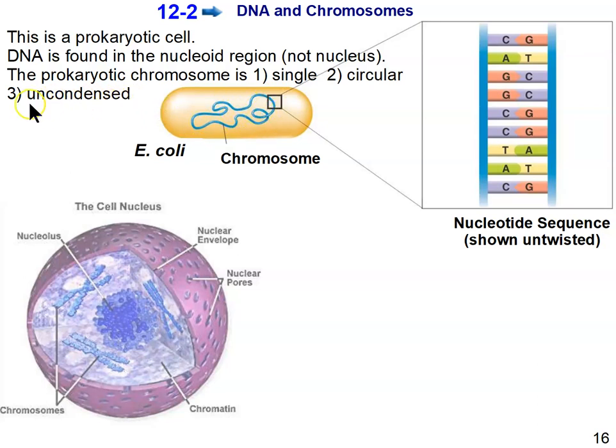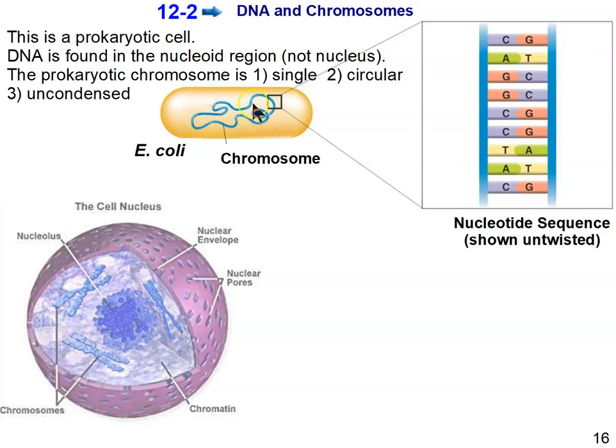Now, you're not going to be familiar with what that means, but it basically means it's not all coiled up and packed together into something that takes up less space. Basically, that's what the condensation does in a eukaryotic cell. But this is a prokaryotic cell, so this DNA is uncondensed, and finally, it's not associated with proteins.